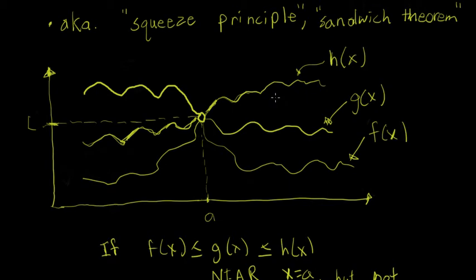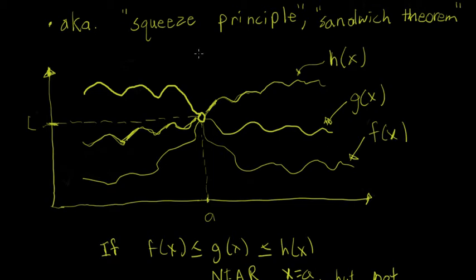Now, coming back to the graph, I'm going to have to mention something that's pretty important for you guys to realize, and that's you'll notice that h of x is greater than or equal to g of x, which is in turn greater than or equal to f of x near x equals a, but I've drawn an open circle at x equals a. And this is just to say that this ordering need not apply at x equals a.